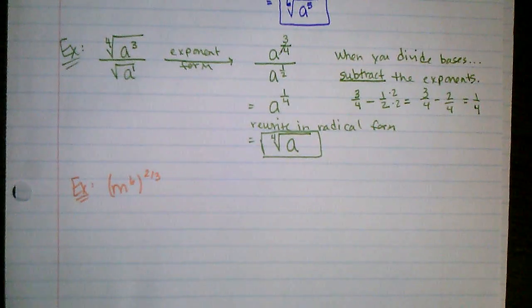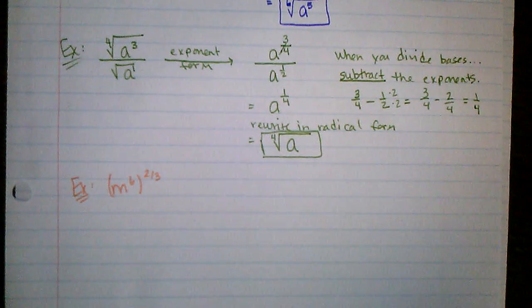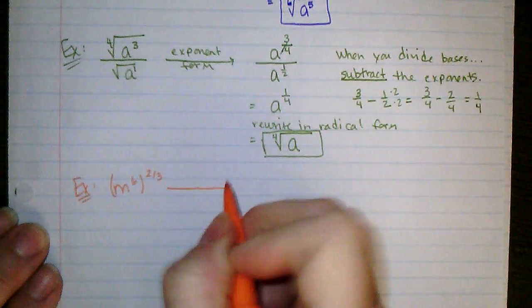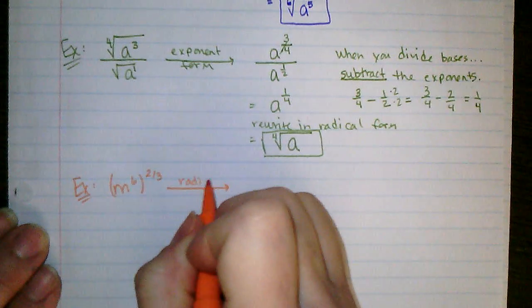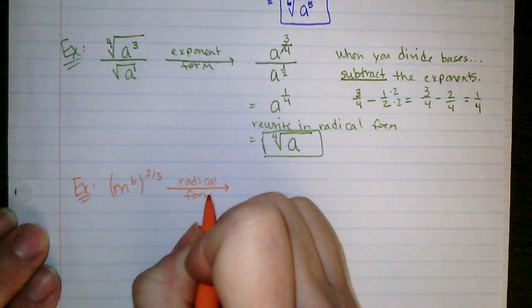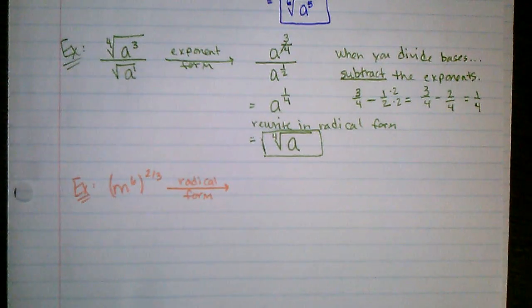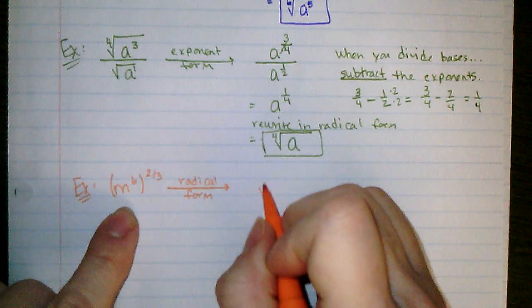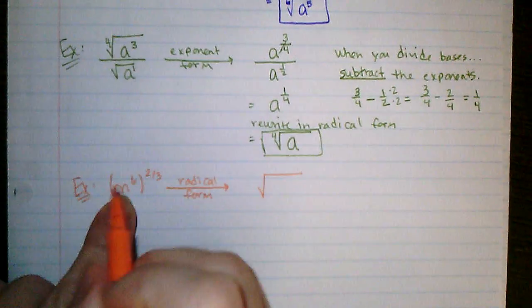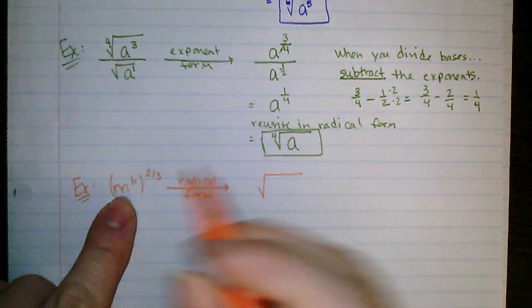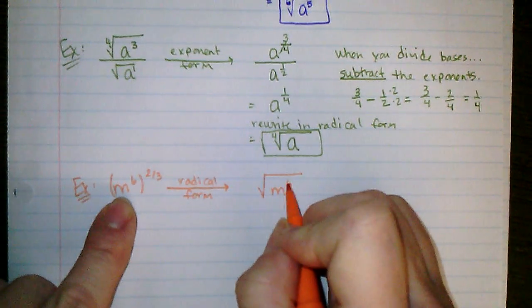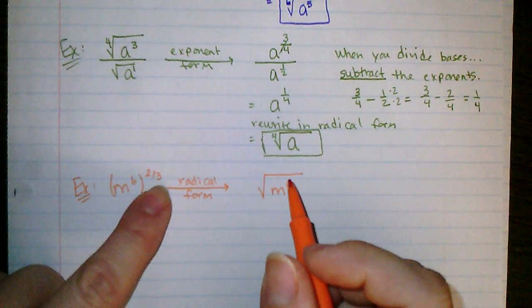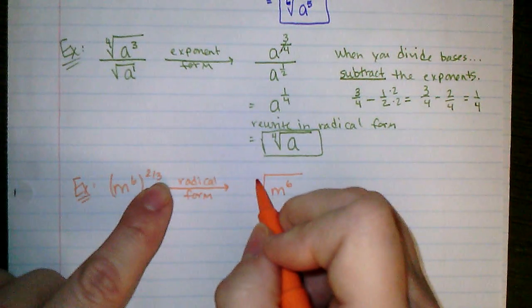Okay, let's look at this one. You can probably guess that we are going to write this into radical form. If we write this into radical form, then the radicand is m to the sixth. The index of the radical is a 3.